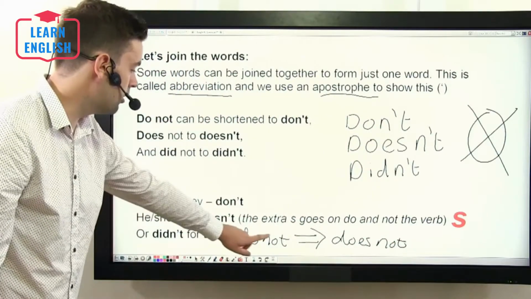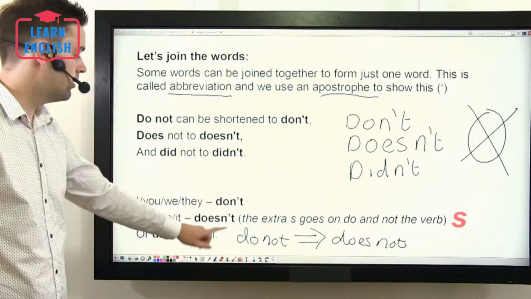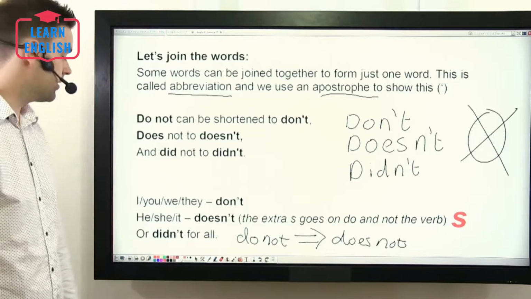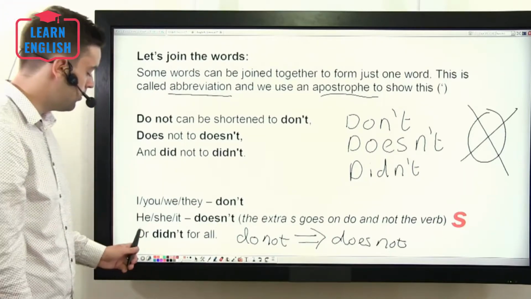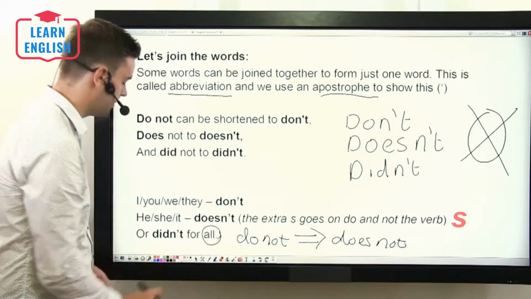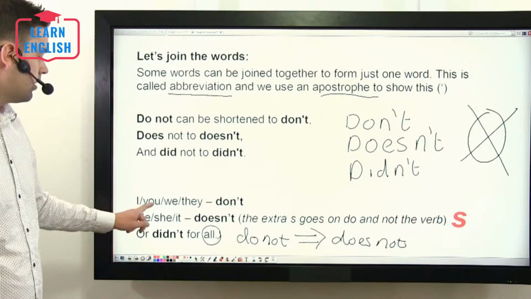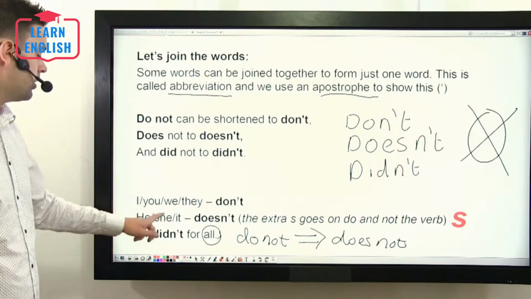So don't, do not, doesn't, does not. Or we can use didn't for all subjects: I, you, we, they, he, she, and it.